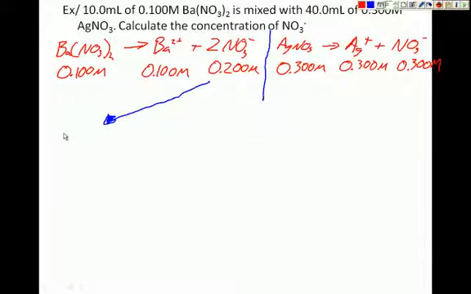So we're going to go 0.200 molar, and we're going to times this by its initial volume, so times by 10.0 milliliters, divided by the total volume after we add everything up, so 10 plus 40, and we get 50 milliliters. Okay, and if we do this, you're going to get a diluted concentration of this nitrate that came from the barium.